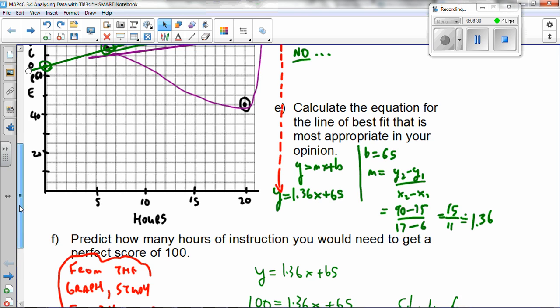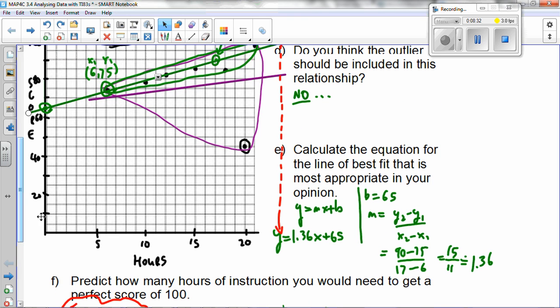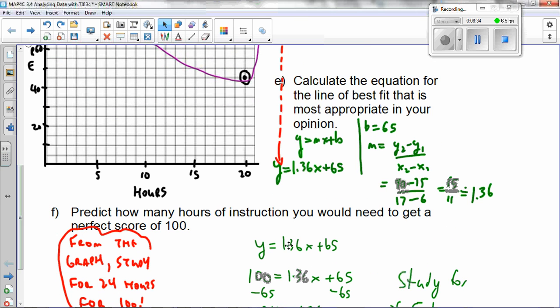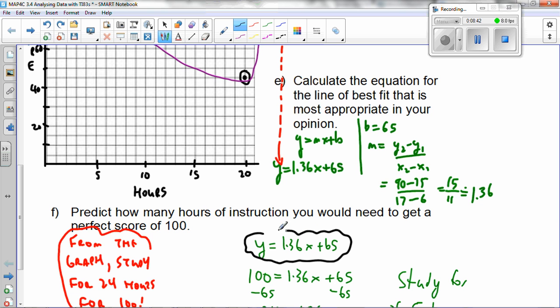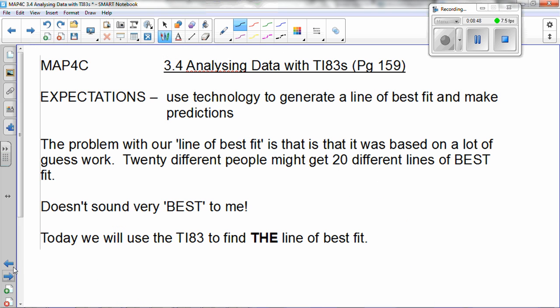In fact, every single person in the class could have got a different line of best fit, right? This seems very strange, even if you just think about the words line of best fit. If everyone's got a different one, how could it be the best? And that's kind of troubling, and today we deal with it.